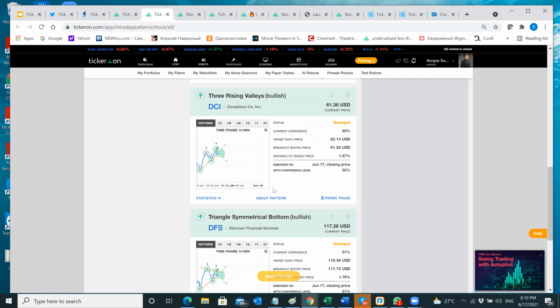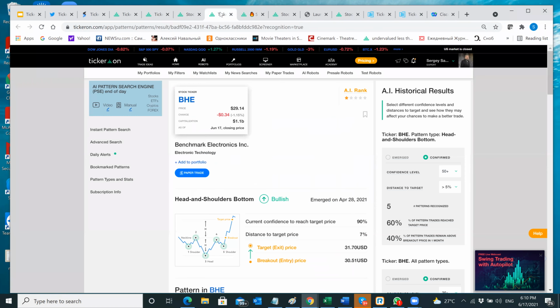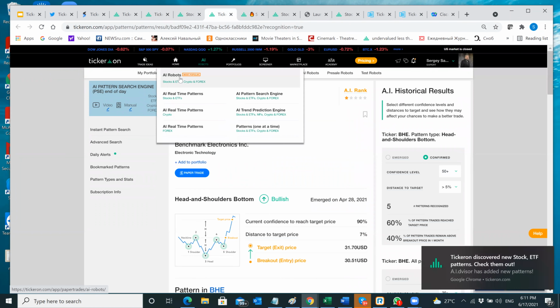So when we released these types of engines, people came to us and said, how would you trade these types of ideas? And then we created robots, okay? Let me show you the robots, okay? So you go here and you see the robots.